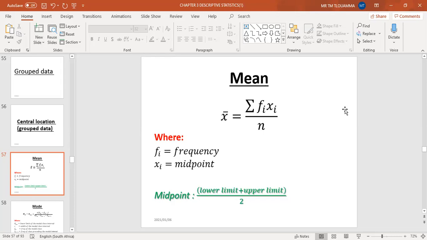Midpoint equals the lower limit plus the upper limit, divided by 2. Do you see those class limits? Let's say, for example, the first class limit says 100 up until 200, the second is 200 up until 300, and the third is 300 up until 400.